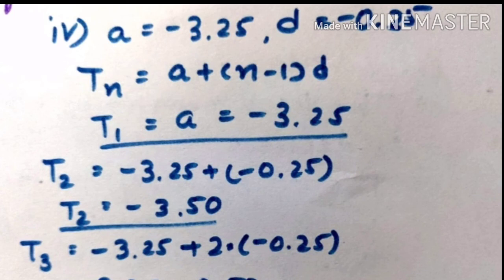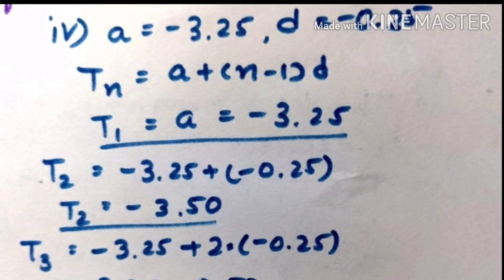T2, term 2, is equal to a. A means minus 3.25 plus 2 minus 1 is 1 into d, and d is minus 0.25. So T2 is equal to minus 3.50 by addition. Because both are negative, we have to add them and we get minus 3.50. That is our term 2. Now term 3. Term 3 is minus 3.25 plus 3 minus 1 is 2 into minus 0.25.